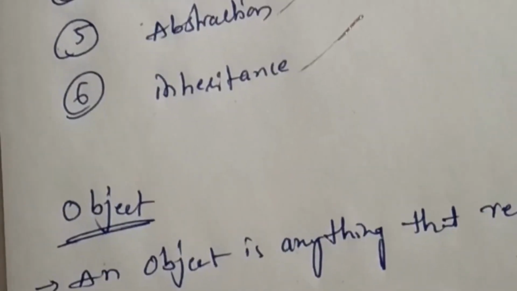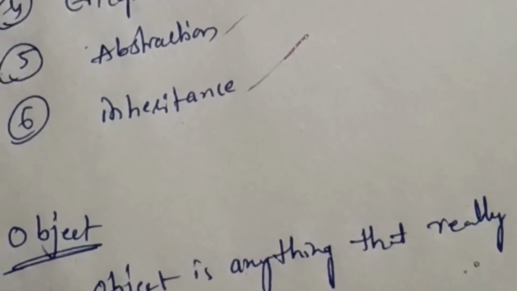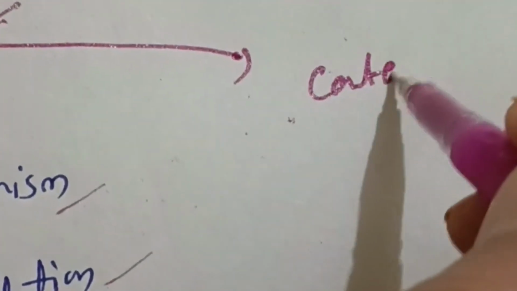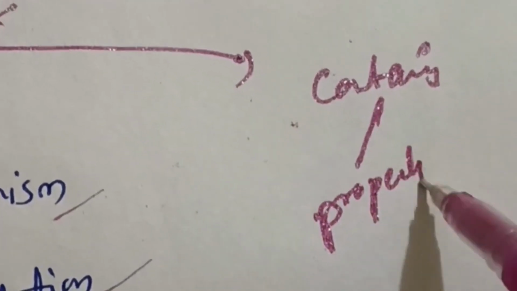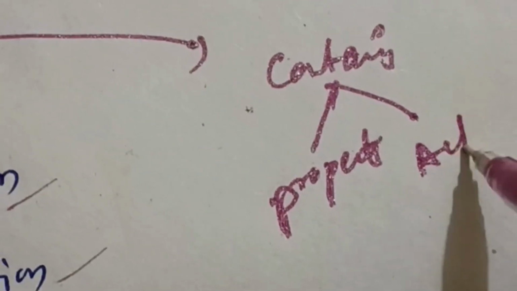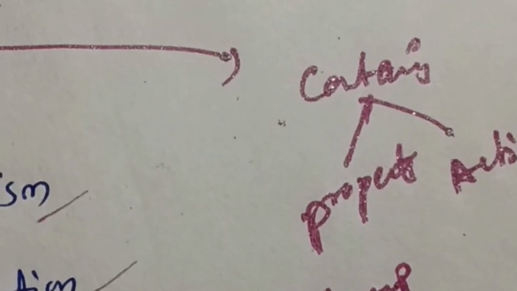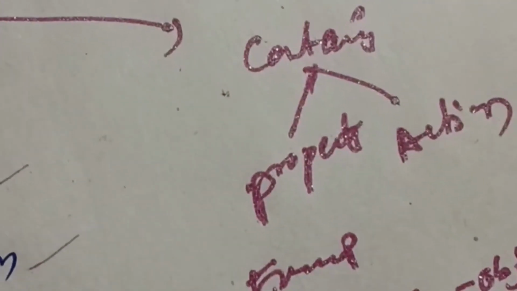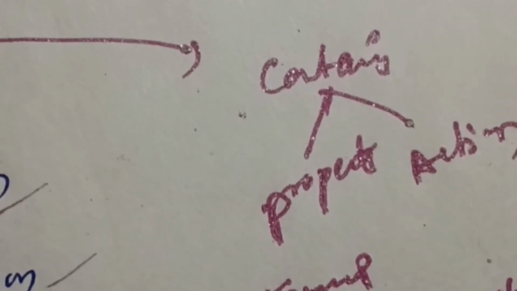Objects contain properties and actions. For example, take a person as an object. The person contains properties and actions.